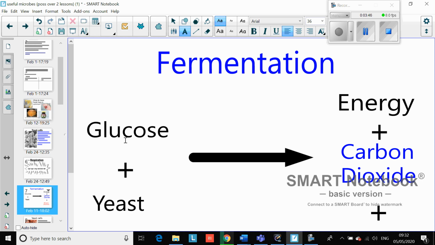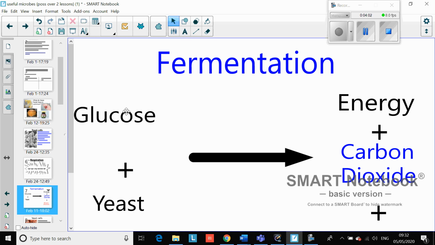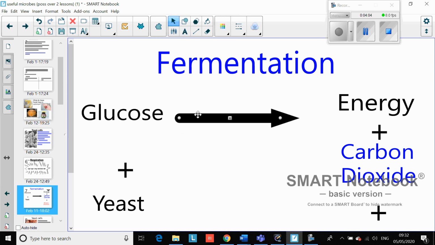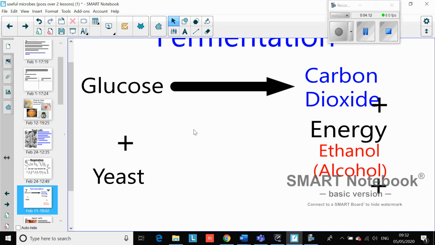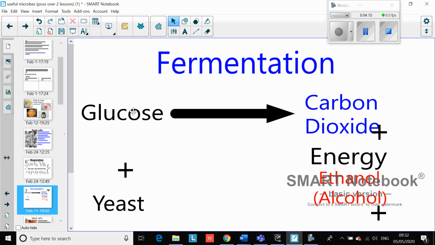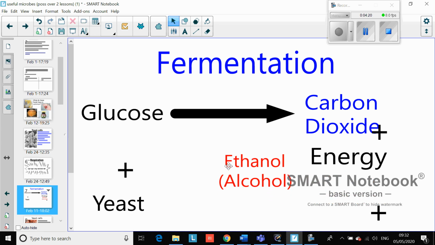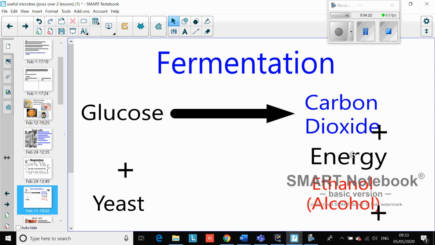So what sometimes happens is yeast are able to get their energy from just the glucose alone without oxygen. Essentially the word equation is, just slightly reorganized, glucose gives us carbon dioxide, energy, and ethanol. So we just use the glucose and a chemical reaction happens. We still get carbon dioxide, but we don't get any water. We get alcohol and a little bit of energy out.